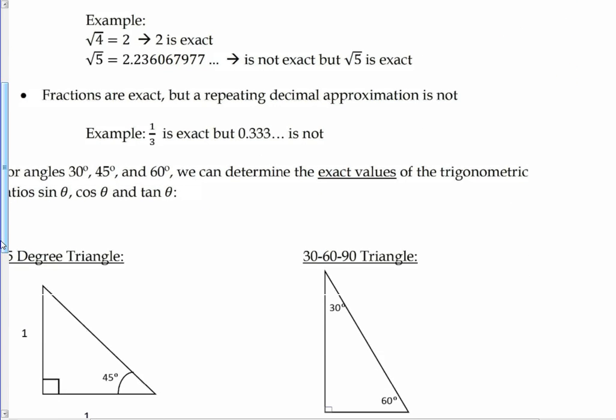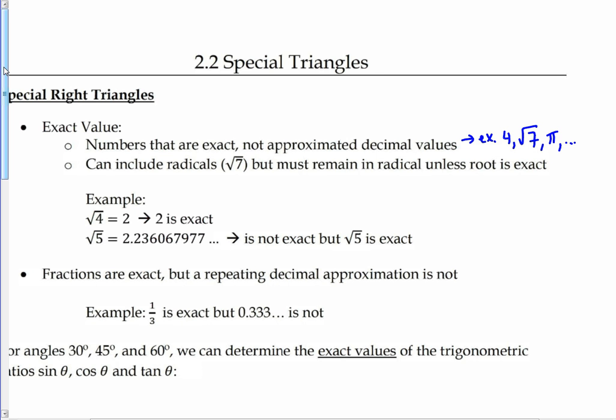So we can write a decimal as long as it terminates. For example, you could also say 0.3, just the decimal 0.3. Is there any numbers after it? No, that's exact, okay?